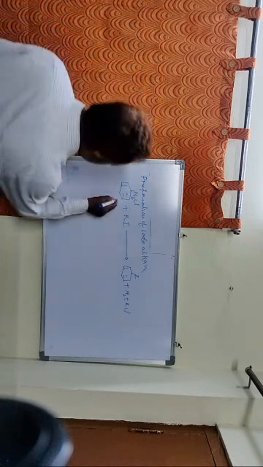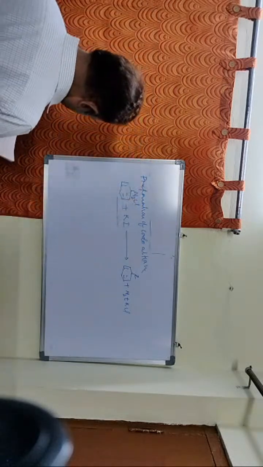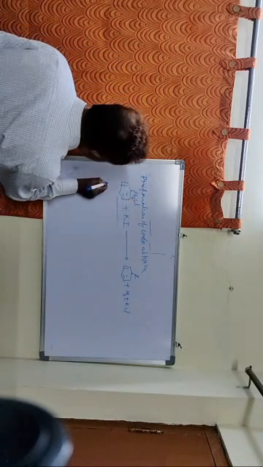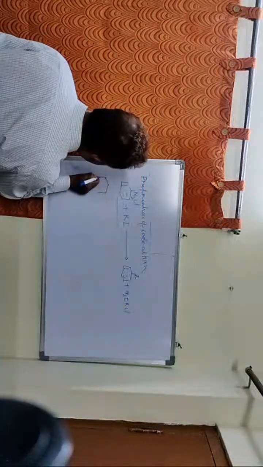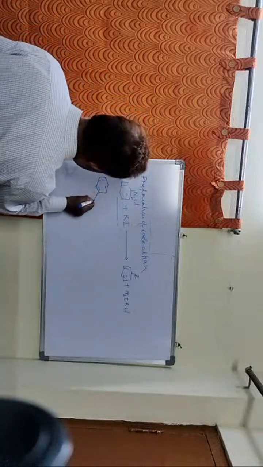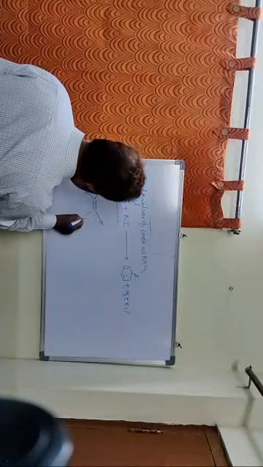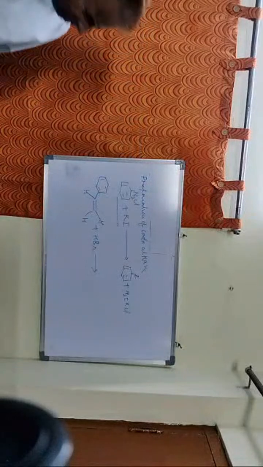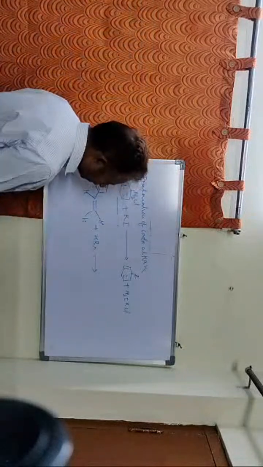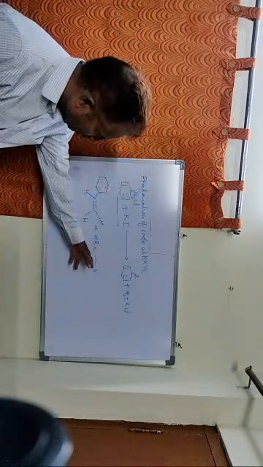Now, in the textbook, let us do one problem. This is a benzene ring. HBr is added. What is the product here? See, in this reaction, peroxide is not mentioned on the arrow mark.